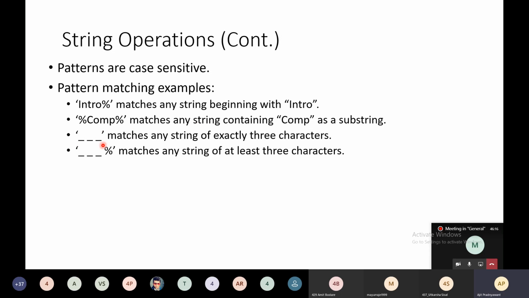What does it mean? It matches any string of exactly 3 characters. Next, in single quotation, there are 3 underscores and then percentage. It means it matches any string of at least 3 characters. So these are some of the string operations you can use in your query as per the requirement of the query statement.